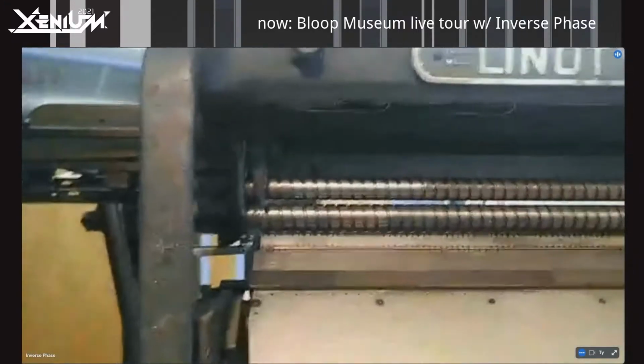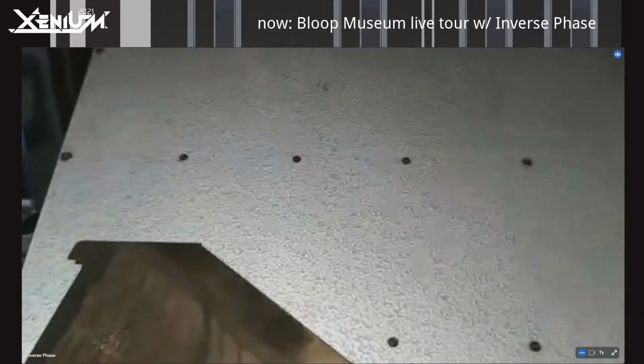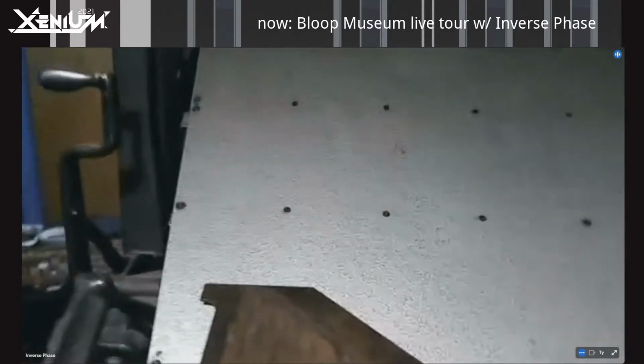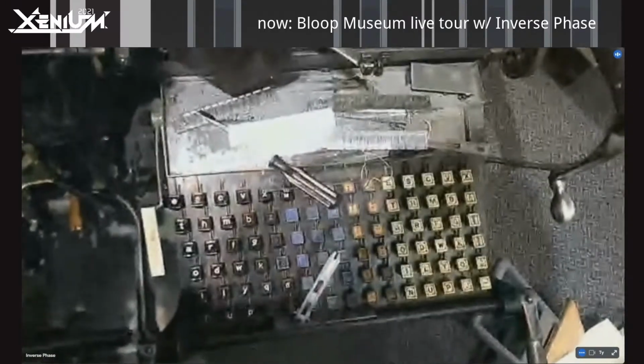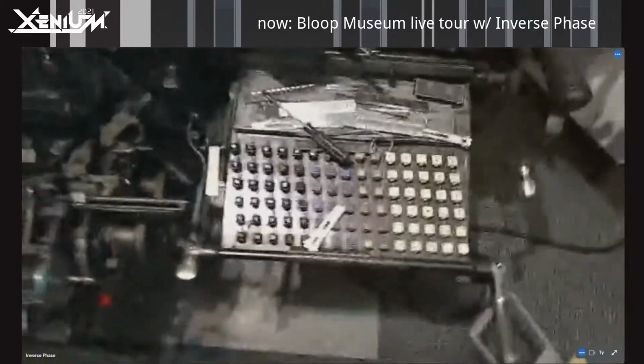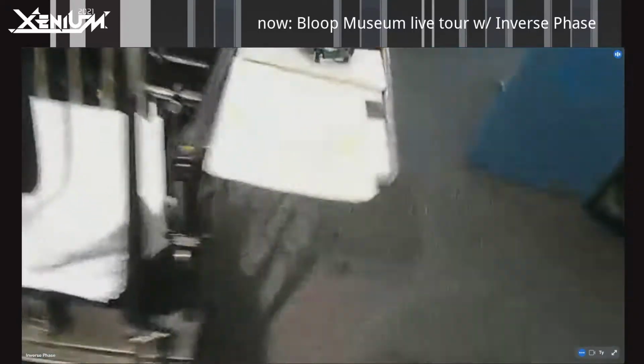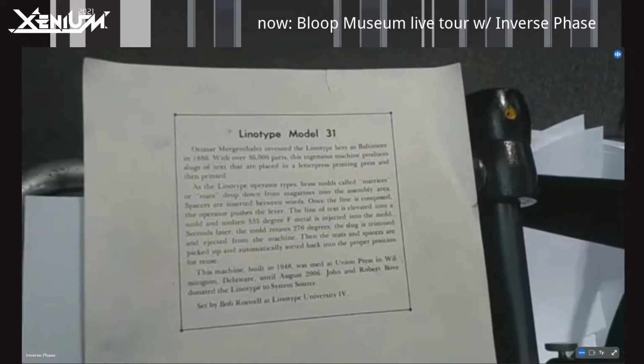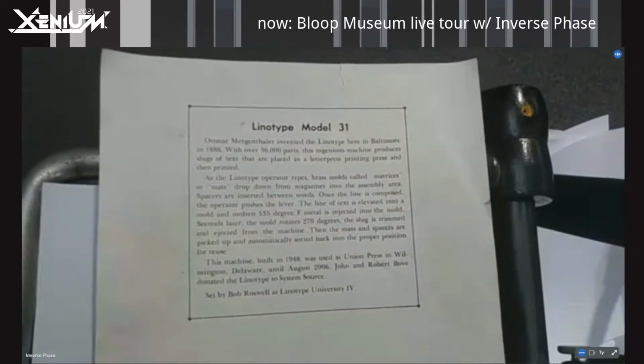So all of these characters will, because of those notches, automatically fall down back into the cartridge in the place that they belong so that you can go on to type something else. In the meantime, you can do some pretty fascinating things with this, including, here's a story of the linotype typed on our linotype.